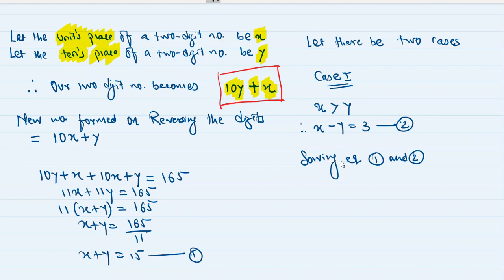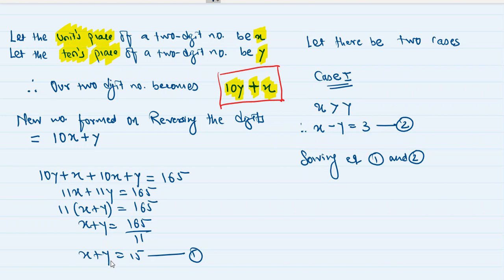Okay, done. Now see, x plus y is 15, x minus y is 3. If I put the value of x, that is 3 plus y, over here, so 3 plus 2y is 15, so 2y is equal to 15 minus 3, so 2y is equal to 12 and y is equal to 6.